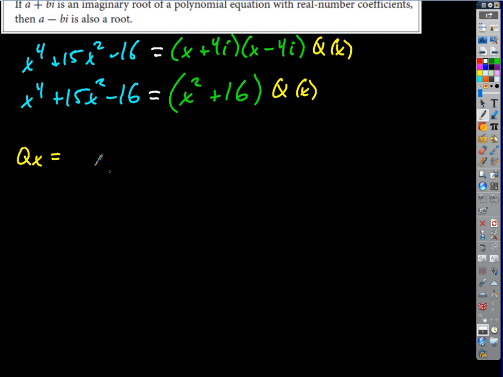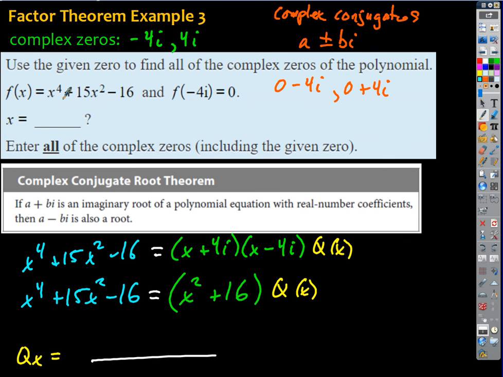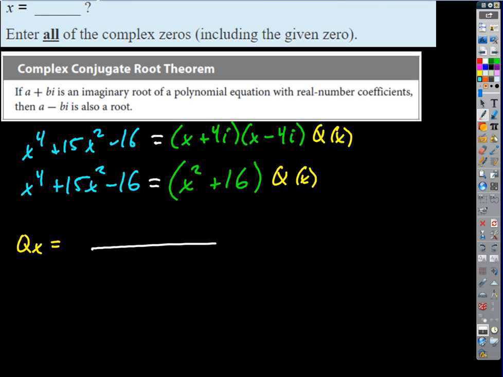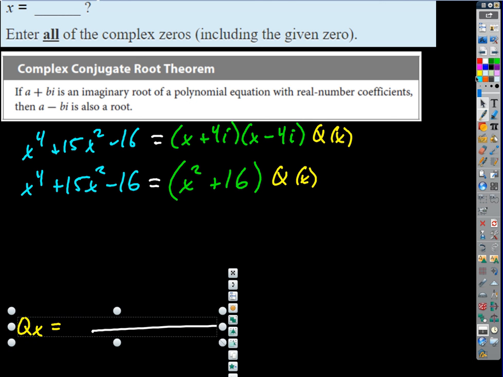Wait, where did q of x come from again? Okay, so the question is, where did q of x come from? We know the degree of the original polynomial is 4. Each of these factors is linear, so when I multiply them together, I get degree 2. So q of x has to be degree 2, and it's going to equal ax squared plus bx plus c. We don't know what a, b, and c are, but q of x has to be in that form.